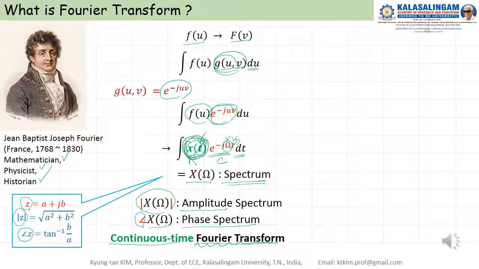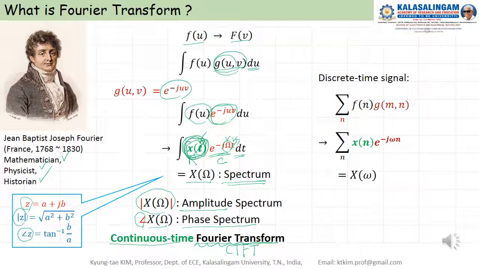Sometimes you can rewrite the continuous-time Fourier transform also. In the case of a discrete signal, instead of the integral, you can use the summation of x(n) multiplied by exponential to the power of minus j omega n.